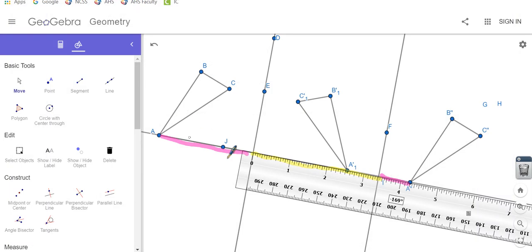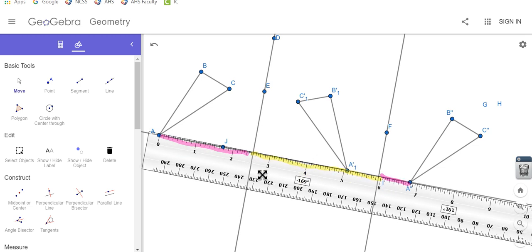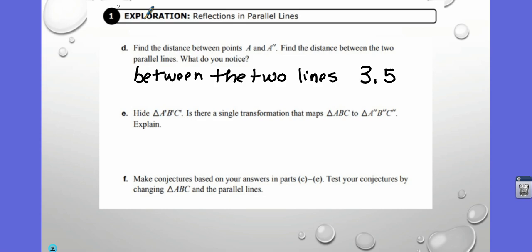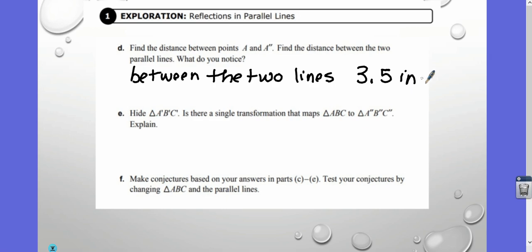And if I go back and measure the whole thing, it looks to be almost 7 inches. Okay, so we get 3.5 inches. And then from A, we're just going to say line segment A to A double prime is 7 inches.